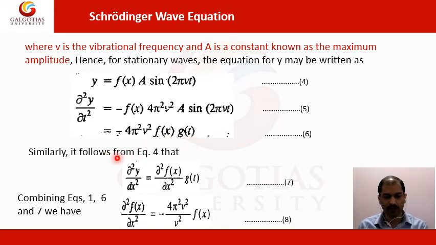Similarly, it follows from equation 4 that del square y upon del x square equal to del square f(x) upon del x square g(t). By combining equations 1, 6 and 7, we get del square f(x) upon del x square equal to minus 4 pi square nu square upon u square f(x), and we designate this as another equation.